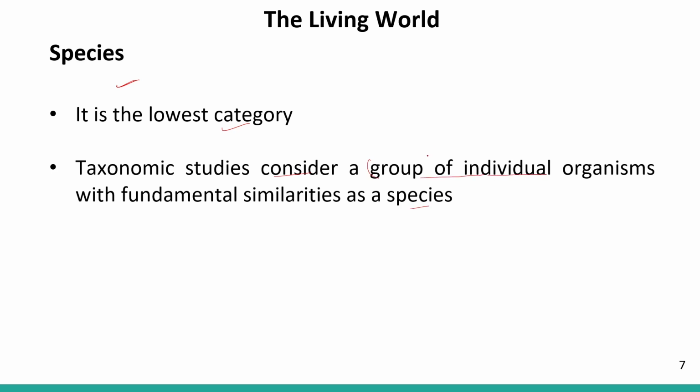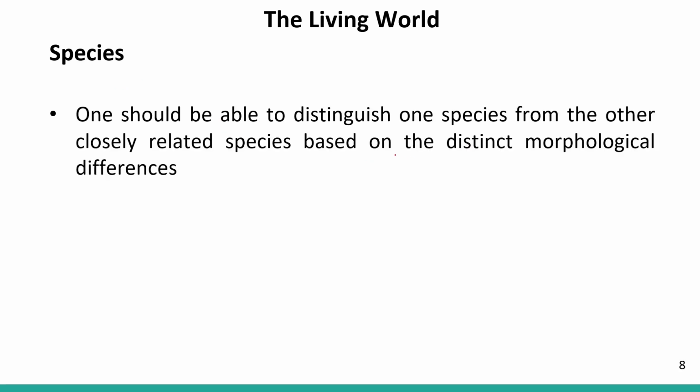A group of individual organisms with fundamental similarities is known as a species. One should be able to distinguish one species from other closely related species based on their distinct morphological differences.